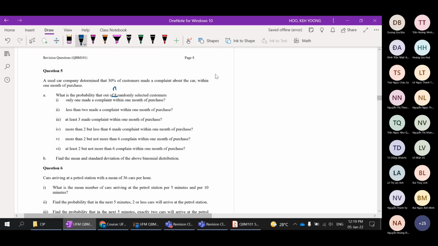Let's write down the information here. X equals number of complaints. X follows a binomial distribution. Sample size is 8.